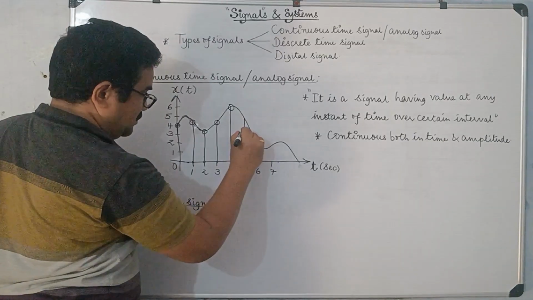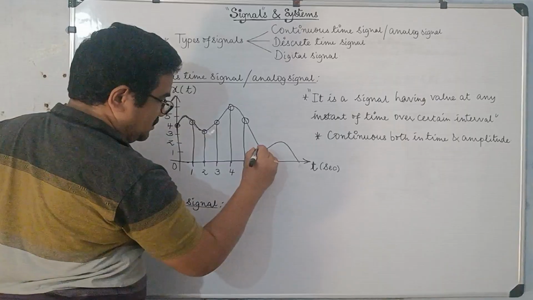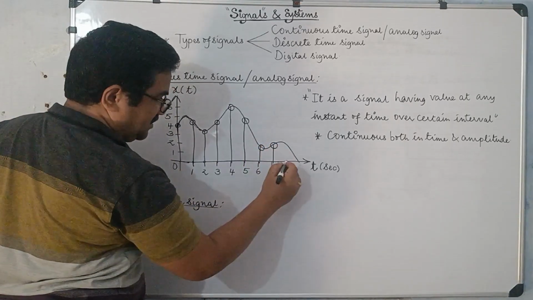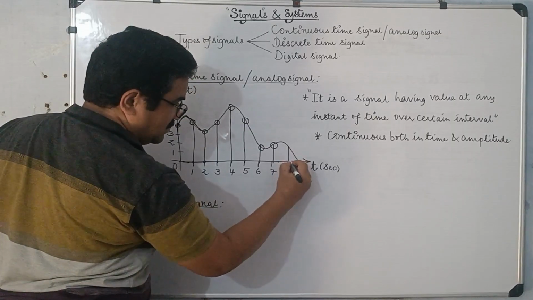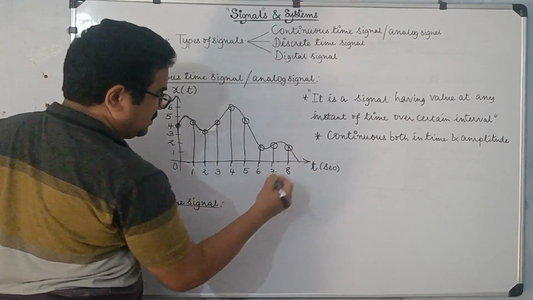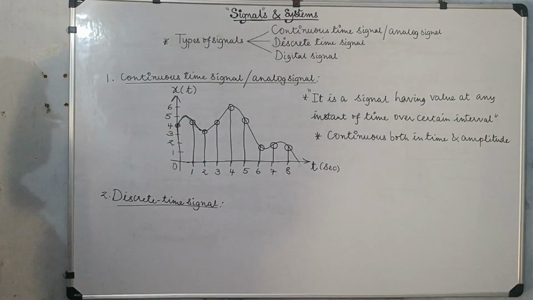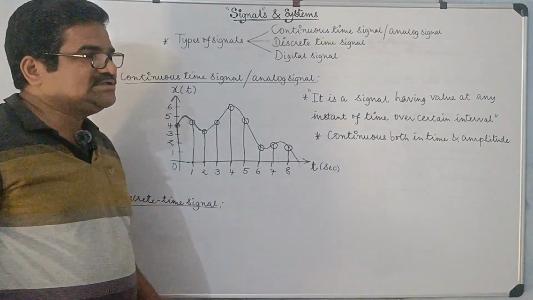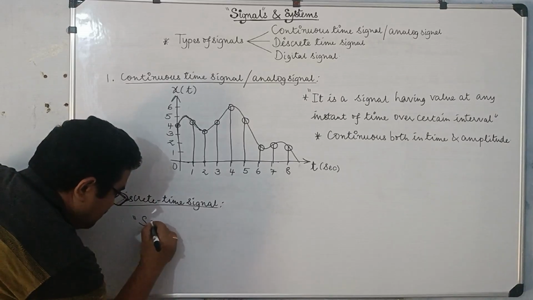Okay, these are the signal amplitudes at different instants of time. So these are my samples. Okay, so taking the signal value only at discrete instants of time is known as sampling.